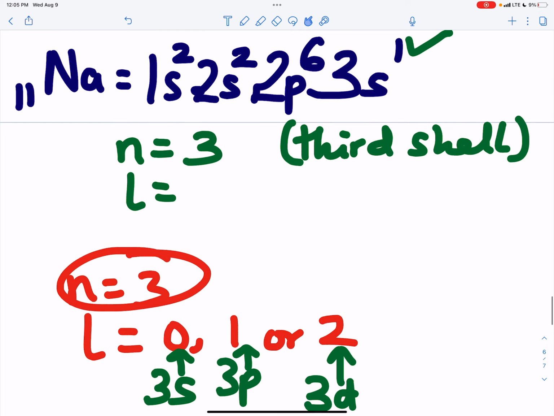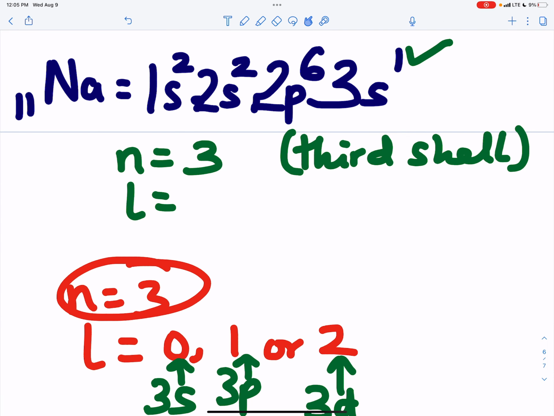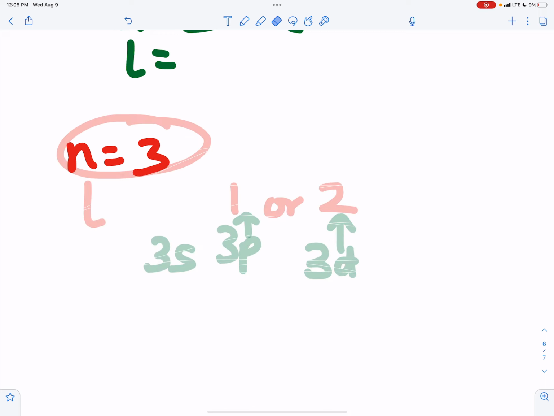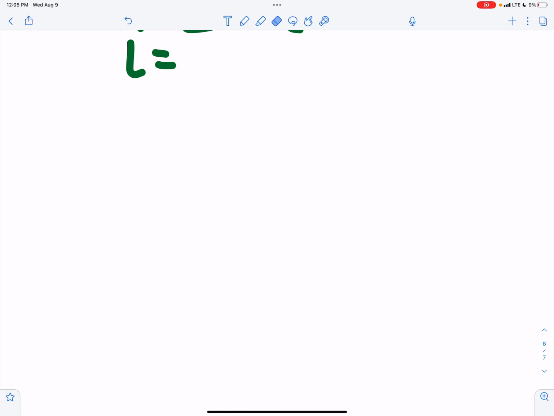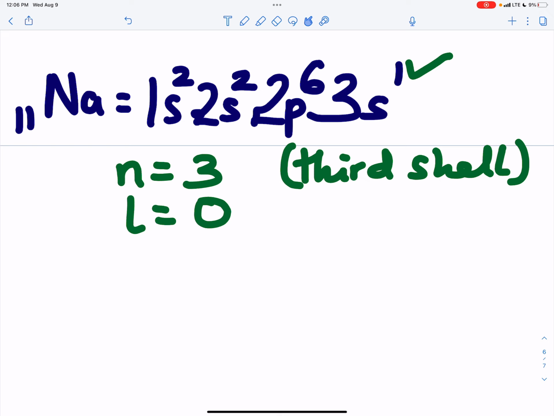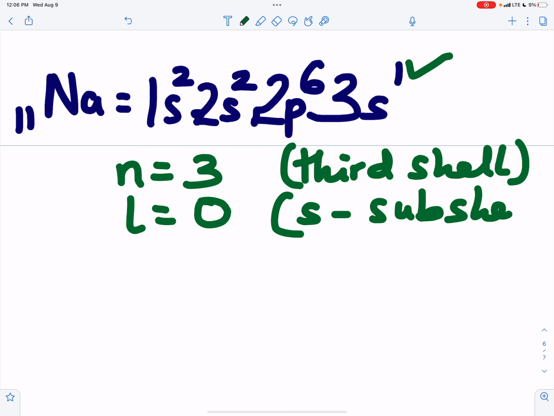But the electron we are talking about in this sodium is in the s subshell of the 3rd shell. So its value for the quantum number L will be 0. I hope you are getting what I'm saying.